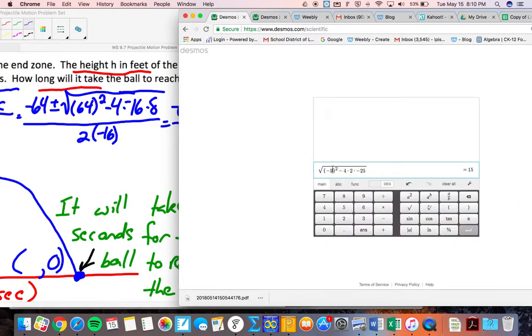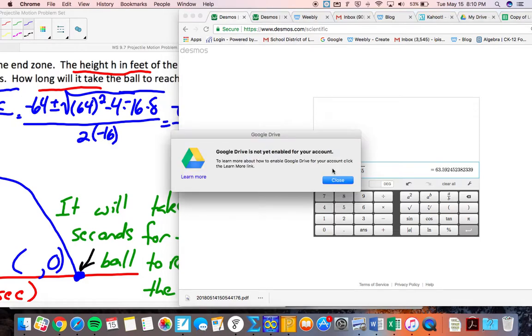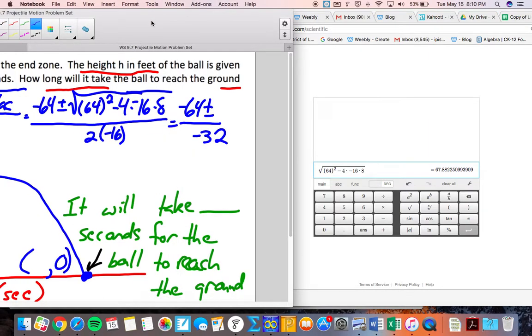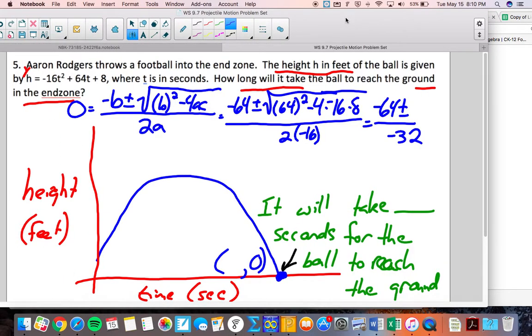So we've got 64 squared minus 4 times -16 times 8. Whoa, that's kind of a messy number. We'll call it 67.88. You know what? Let's just call it 68.